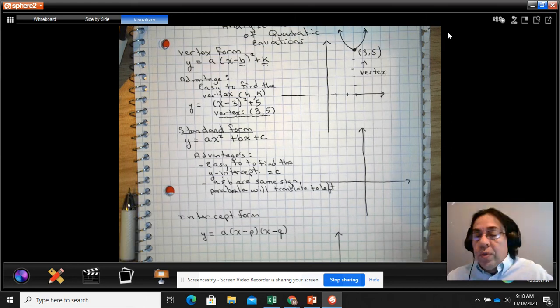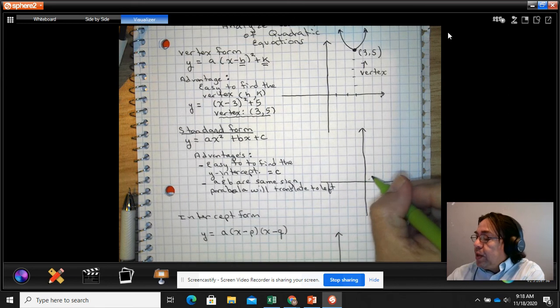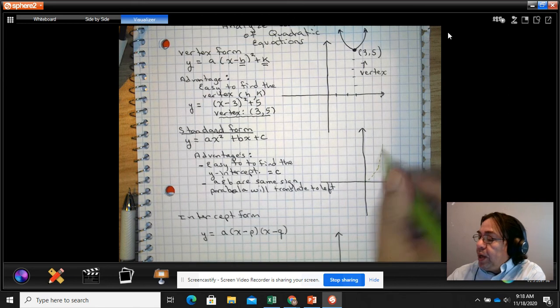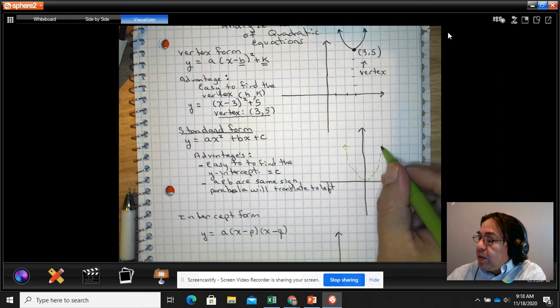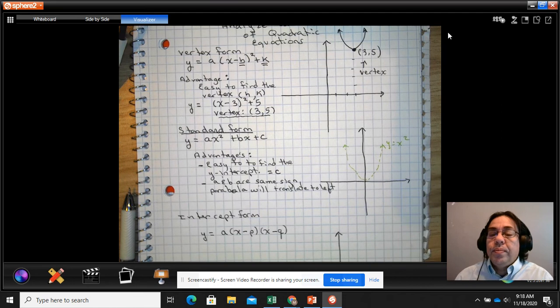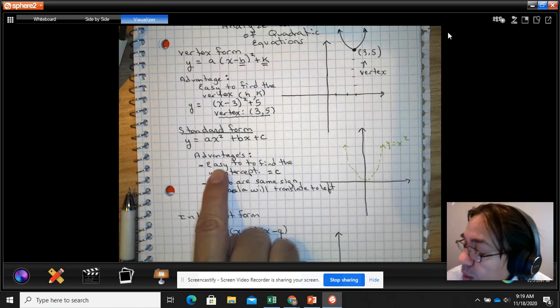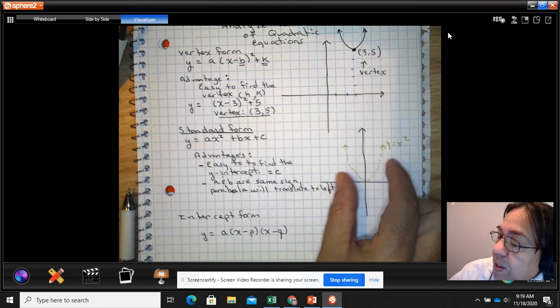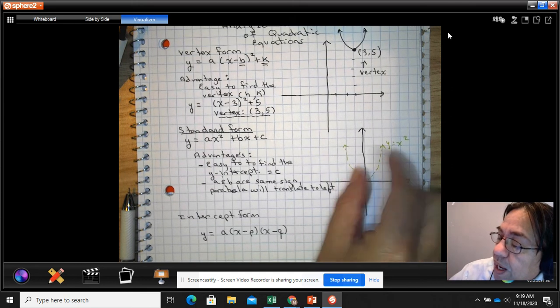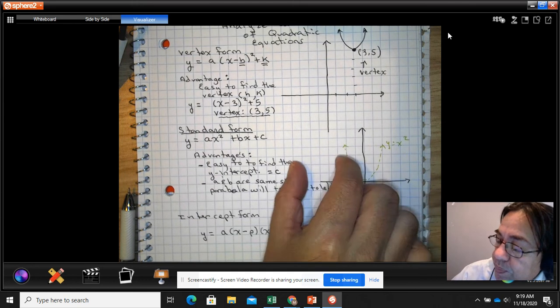And what do I mean by move to the left-hand side? Remember that the parent function of a quadratic equation looks like this, right? That's a parent function, y equals x squared. So when a and b are both positive or both negative, this green line is going to move to the left.